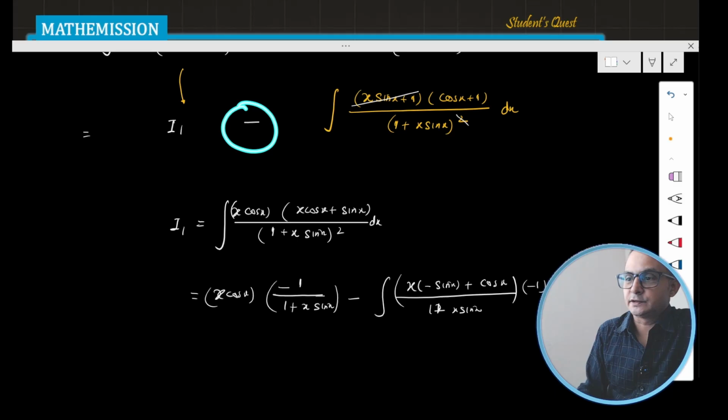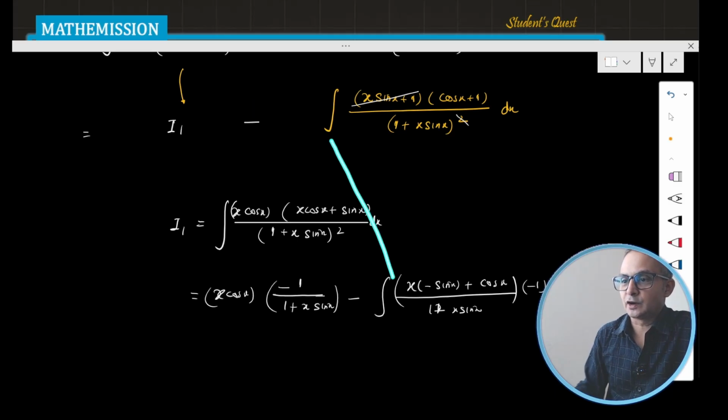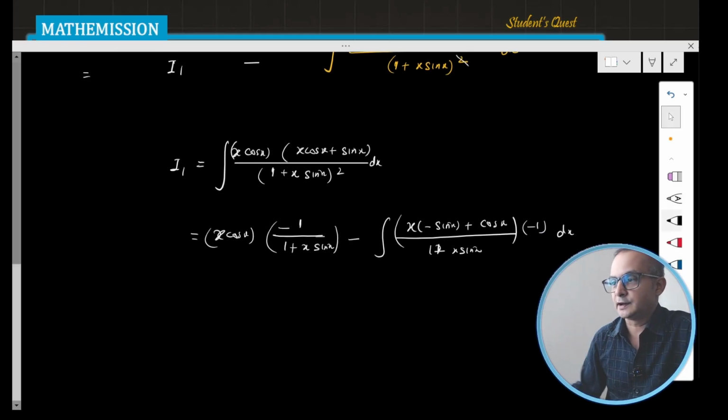Now you see there, these two things I have with a minus, and both have the integration here. So I'm going to collect this thing together. How do we collect?